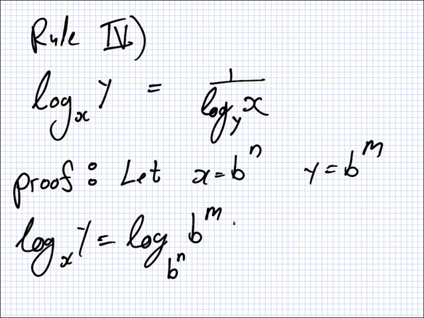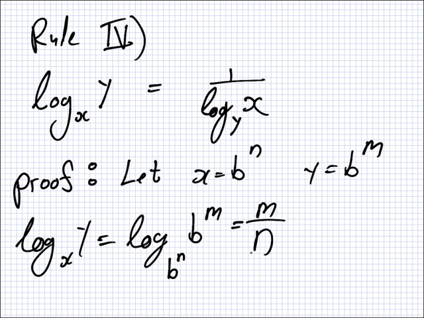Now this is a little bit tricky, but if you think carefully, you can figure this out. B power n to what power will give me b power m? Because that's what this question is posing to us. What is it? m divided by n. Yeah, m over n.